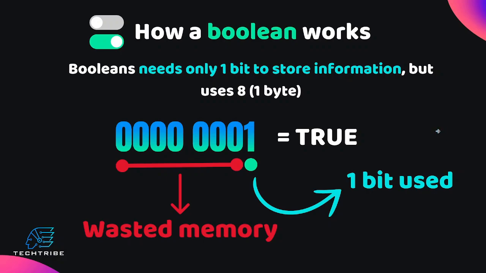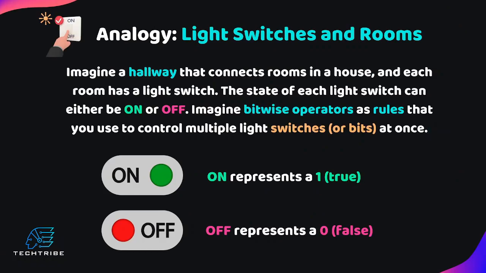Let's learn about the AND operator. One great way of thinking about these operators is to imagine how light switches work when lighting rooms. Let's imagine a hallway that connects rooms in a house, and each room has a light switch. The state of each light switch can either be on or off.